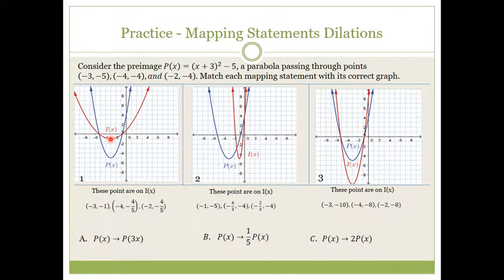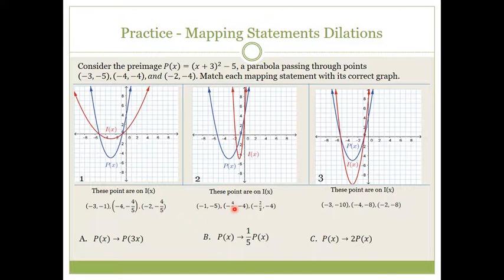The x-coordinate's the same. And yes, to get the point from -5 to -1, we would have had to divide it by 5. And dividing by 5 is the same thing as multiplying by 1/5. So now we know that graph 1 should match up with B, mapping statement B.